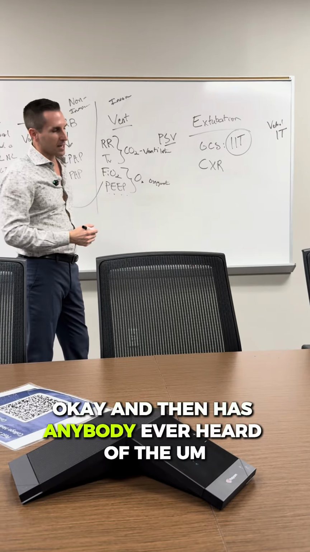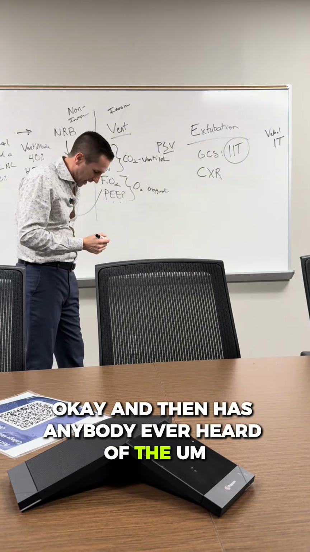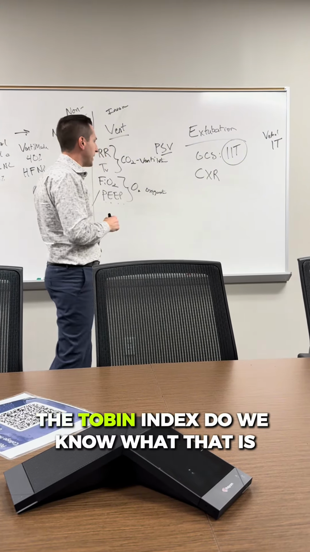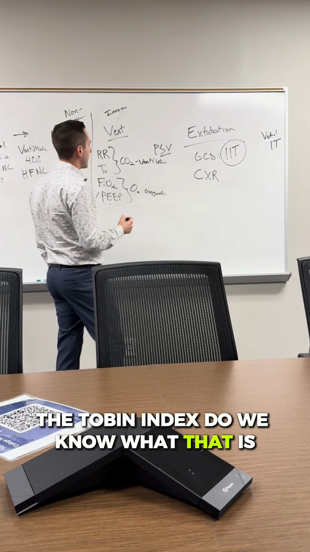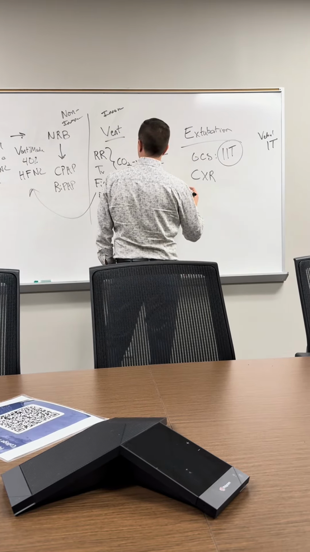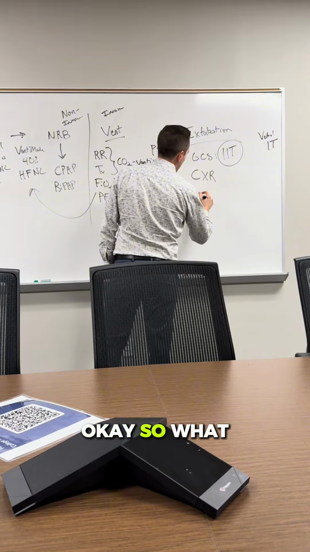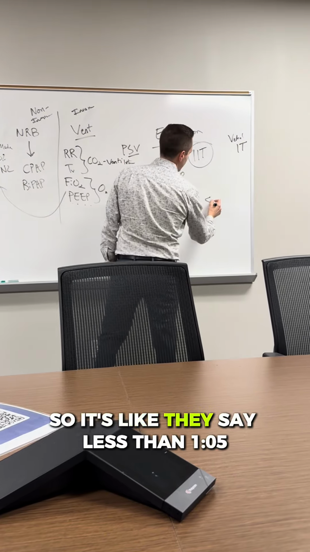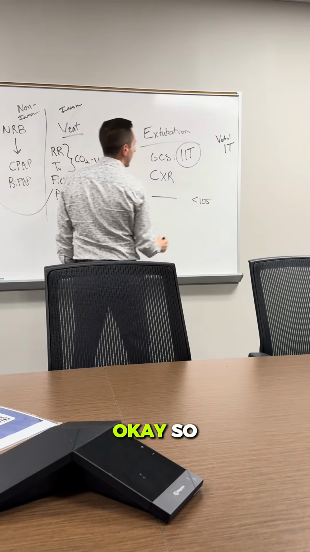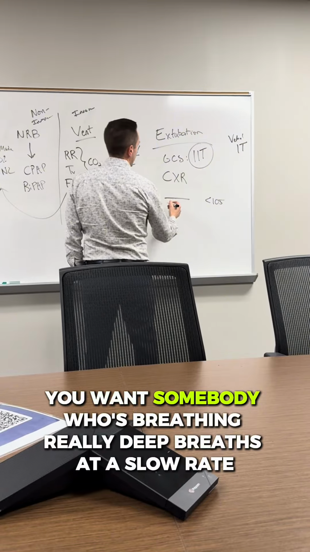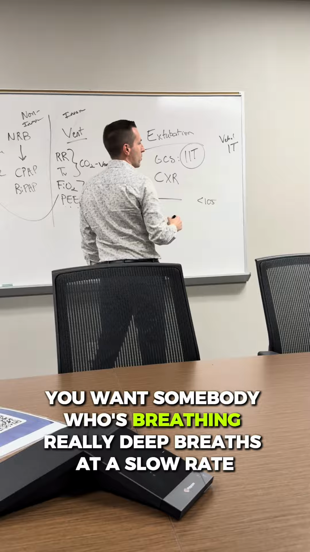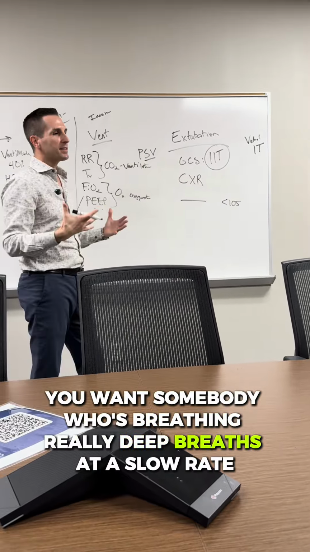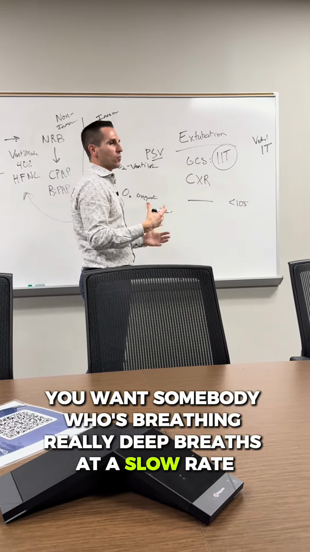And then has anybody ever heard of the Tobin index? Do we know what that is? What you need it to be is a good number. They say less than 105. So you want somebody who's breathing really deep breaths at a slow rate.